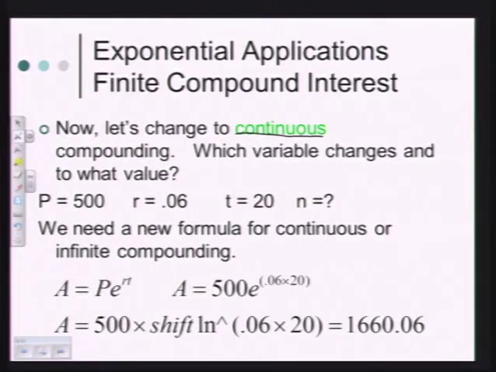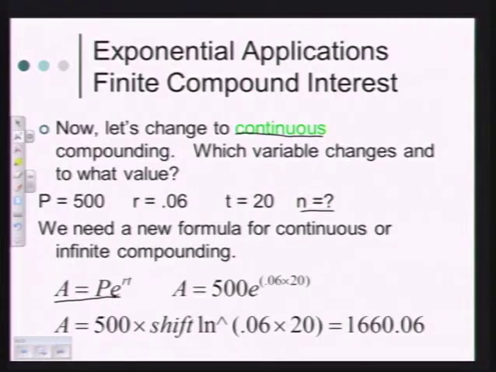That formula takes the old one and does a little bit of calculus to it, so we're going to avoid that and just introduce our formula down here. We no longer have an n because n is going to infinity. We have the amount equals P times e to the RT. Some people remember this as the PERT formula.